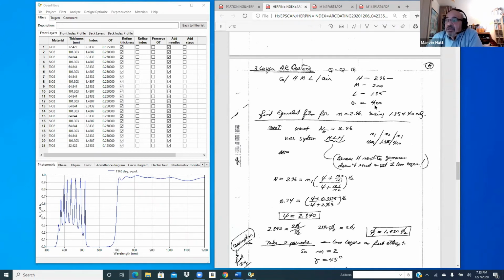So germanium is index of 4 in the infrared. So we want a step down coating from 2.96 to 1.35. The problem is 2.4 is easy. 1.35 is easy. 2.96 is a pain. Okay? So we want 2.96 using only 1.35 and 4.